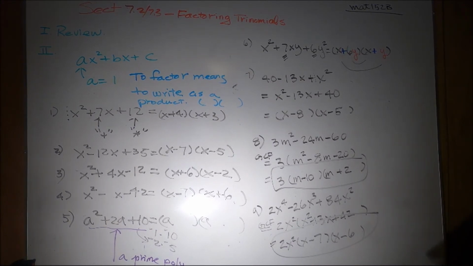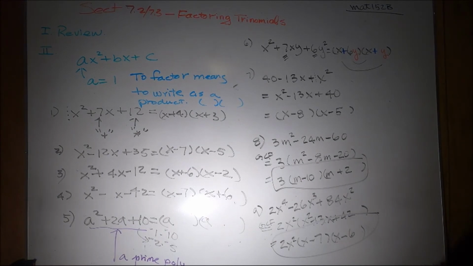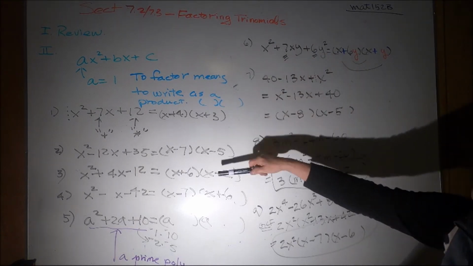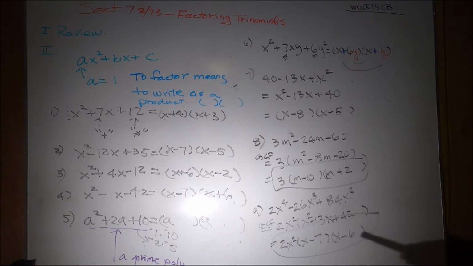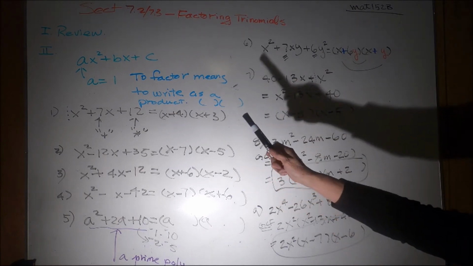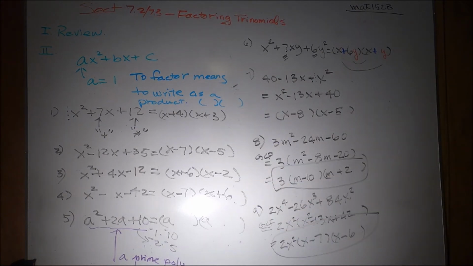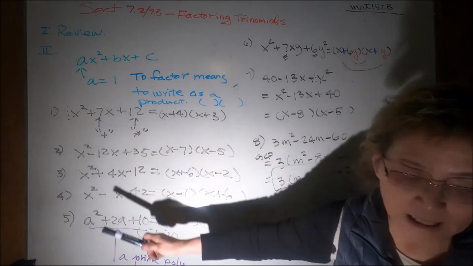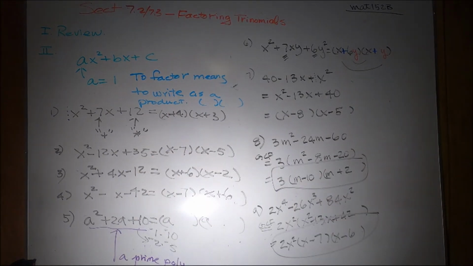What are we doing? Think about it. We are doing factoring a trinomial. Factoring trinomials with leading coefficient is 1, right? Then when you multiply together will be your C. When you add it together will be your B.